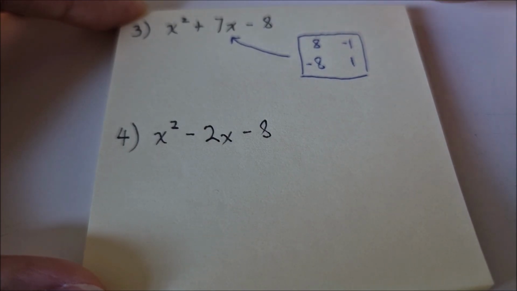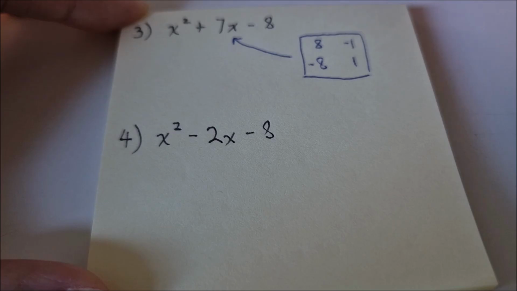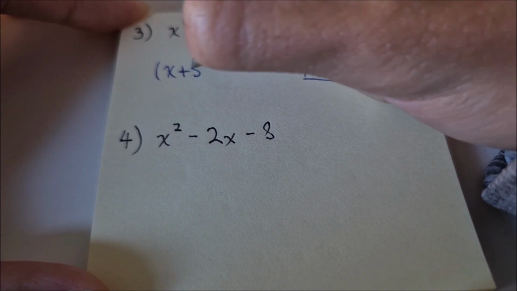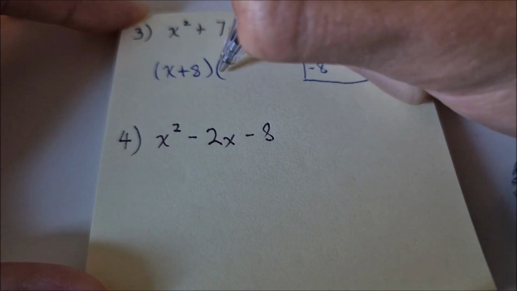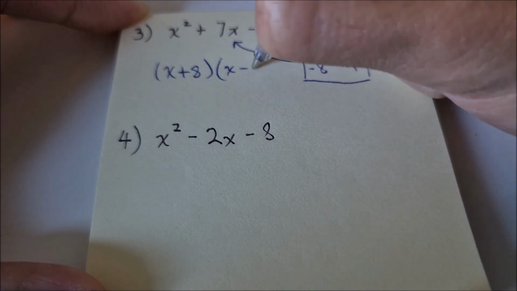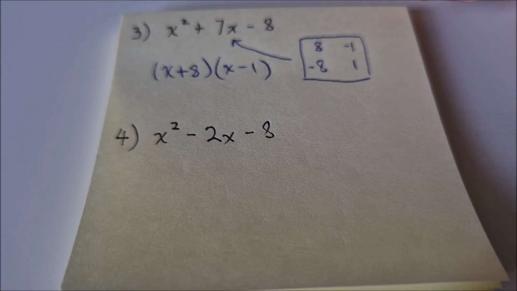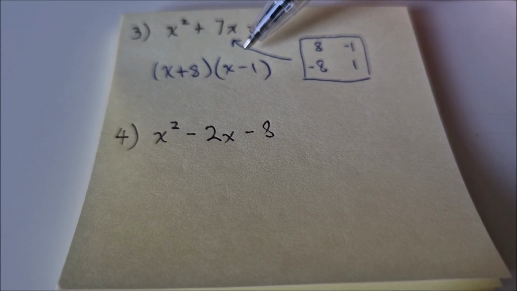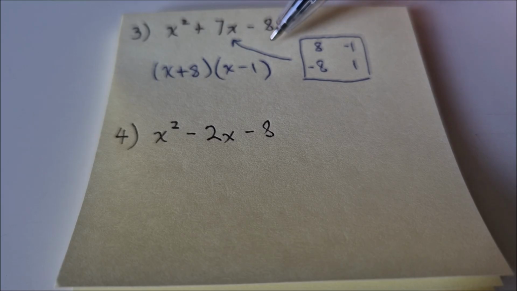So from this we know that the numbers have to be x plus 8 times x minus 1. And you expand this, which I encourage you to do, double check, then we will get this expanded form here.